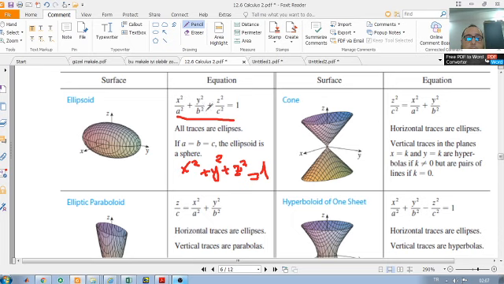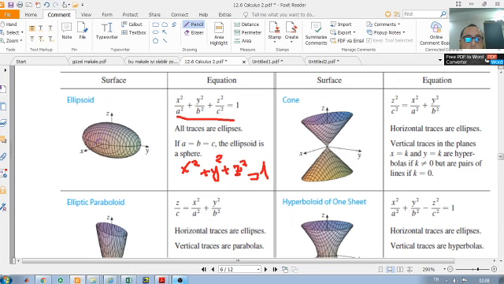Generally, if you have different numbers for the denominators in here, we obtain an ellipsoid in this form. You see the graph of the ellipsoid, which is similar to the sphere, but since we have different numbers in the denominators, we have ellipses.